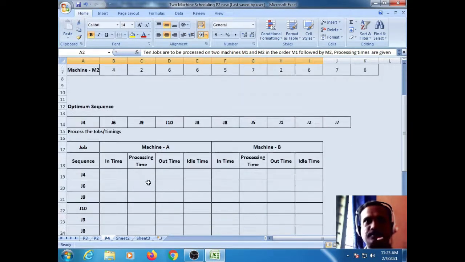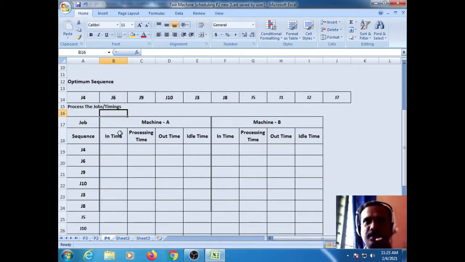For calculating the total elapsed time, we have to process the timings. So here I have a box.